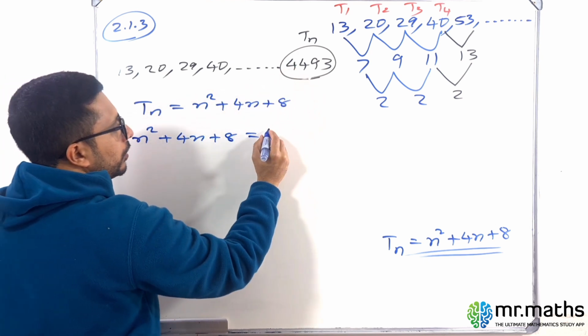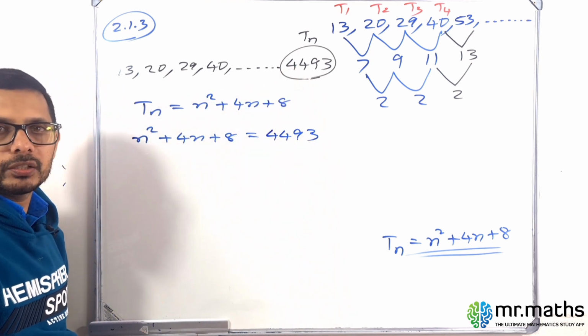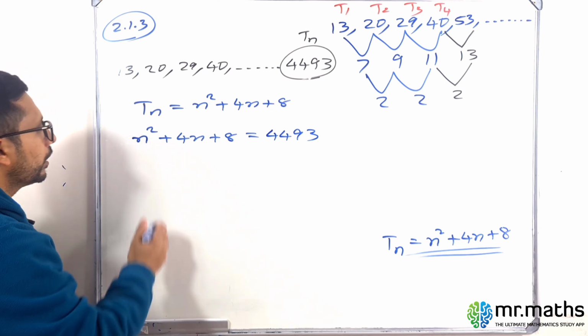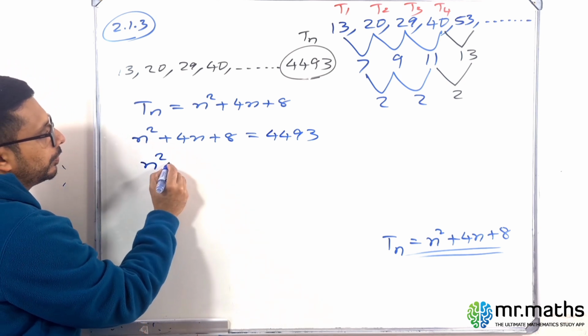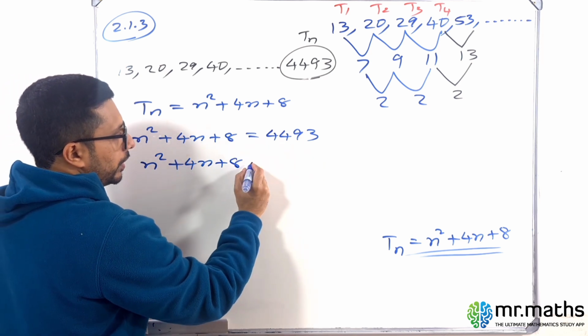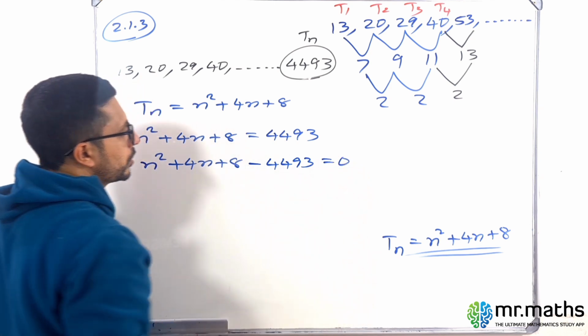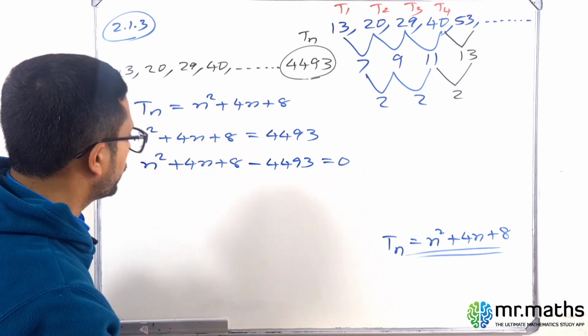What is Tn? 4493. So from here we have to find the value of n. Take this to this side, so n squared plus 4n plus 8 minus 4493 is equal to 0.